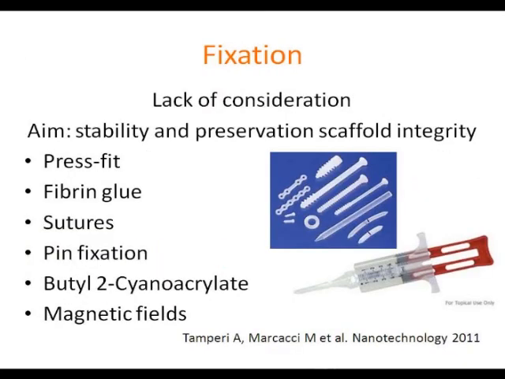And the problem of the bone, the problem of fixation: how can we fix this scaffold, this construct, into the bone inside? We can do it by press fit, we can use fibrin glue, we can suture, we can use resorbable pin fixation, we can use butyl 2 cyanoacrylate, we can use magnetic fields. And all these fields deserve to be explored.